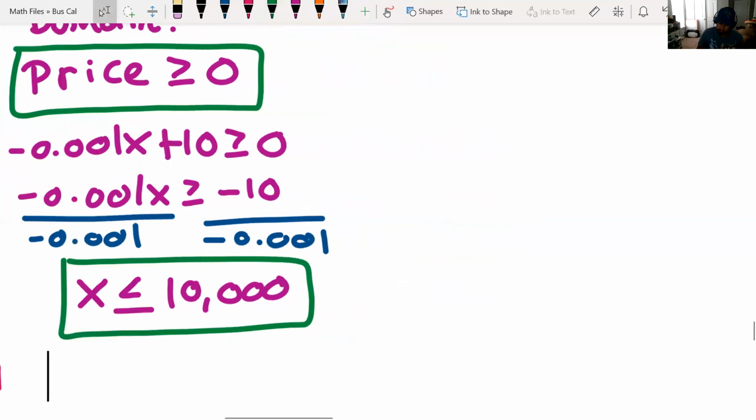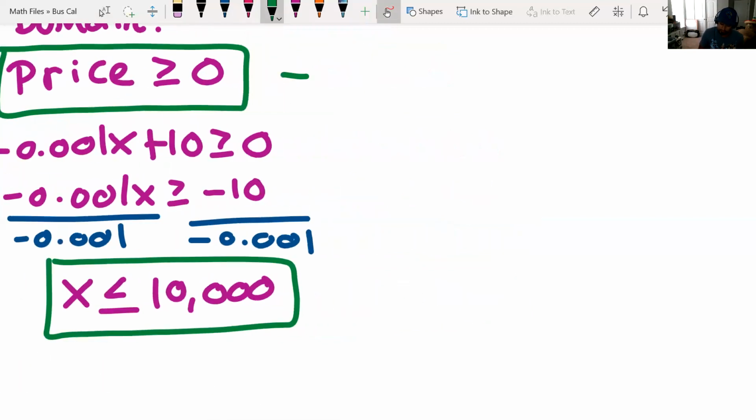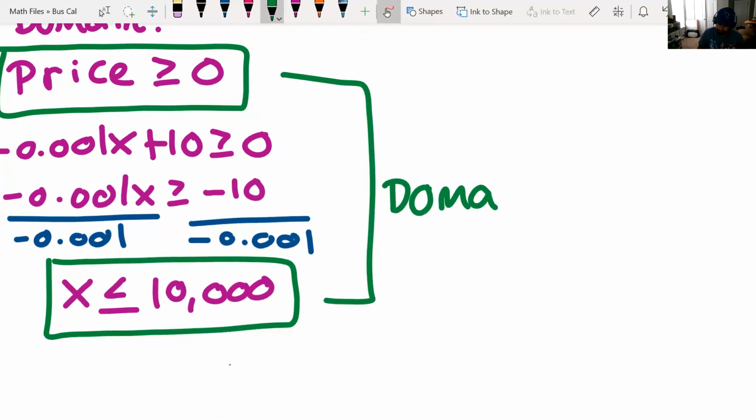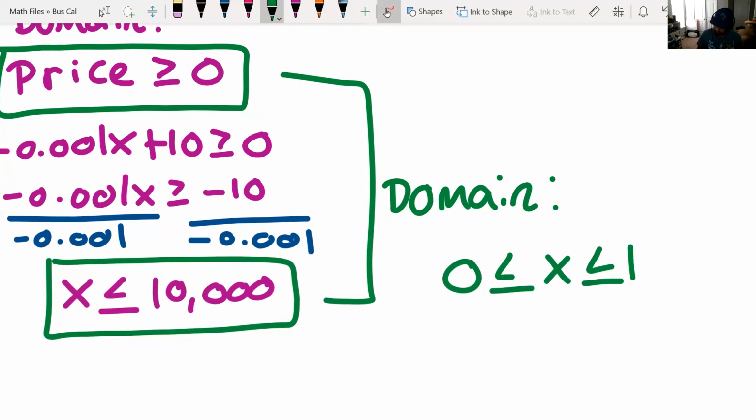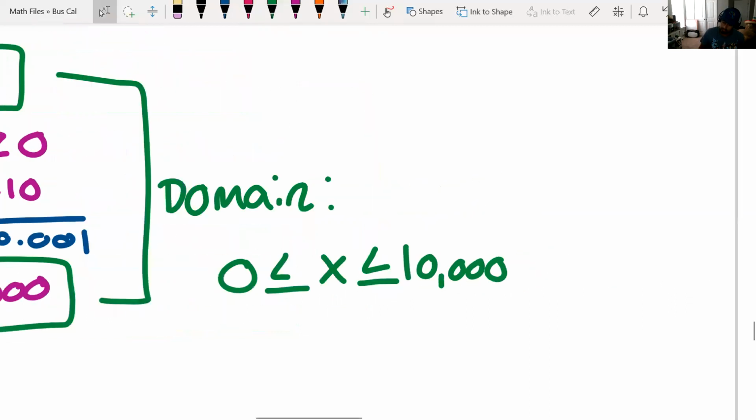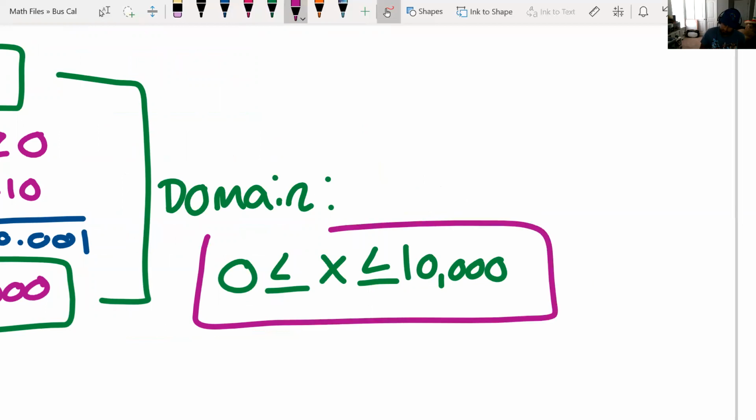Okay, so if we piece this together, the actual domain says that we must stay above 0 and stay less than 10,000. So here is your actual domain. 0 to 10,000.